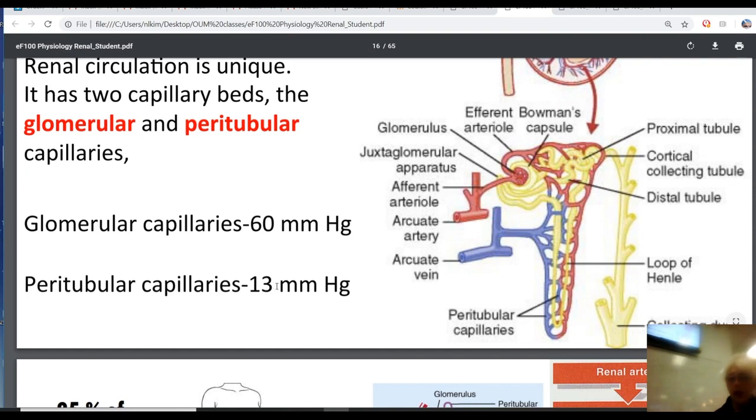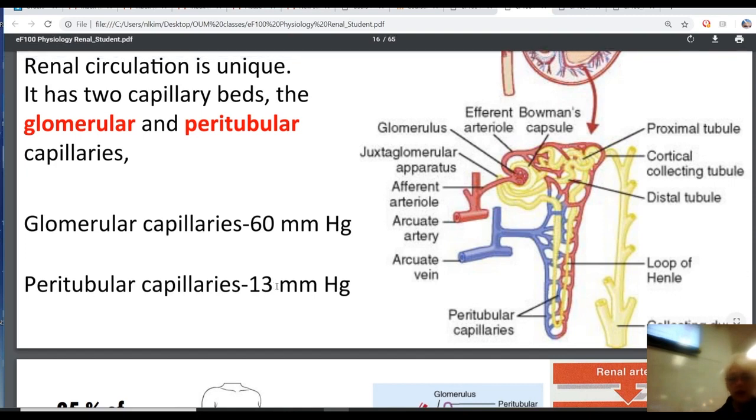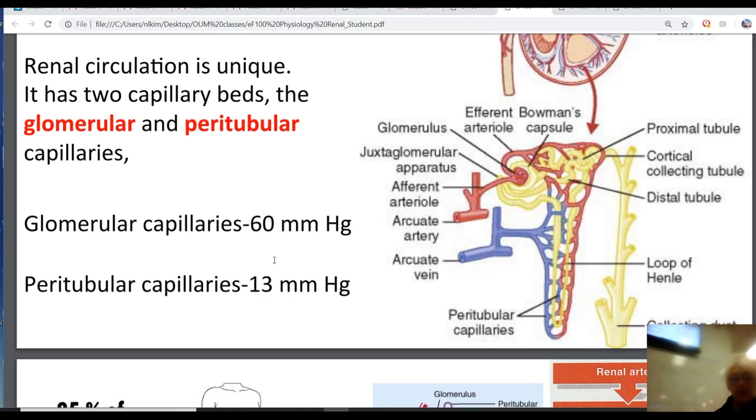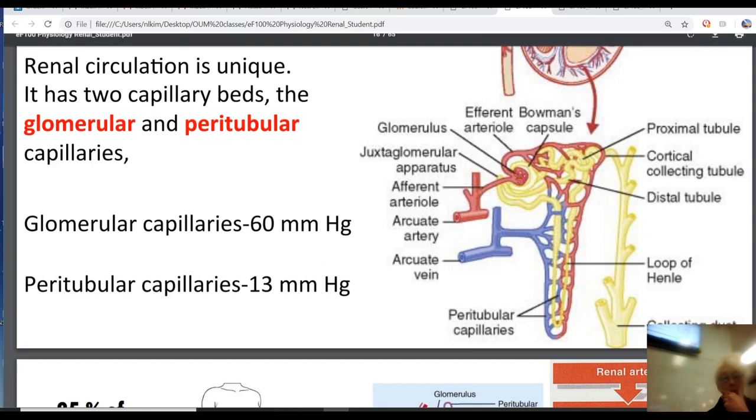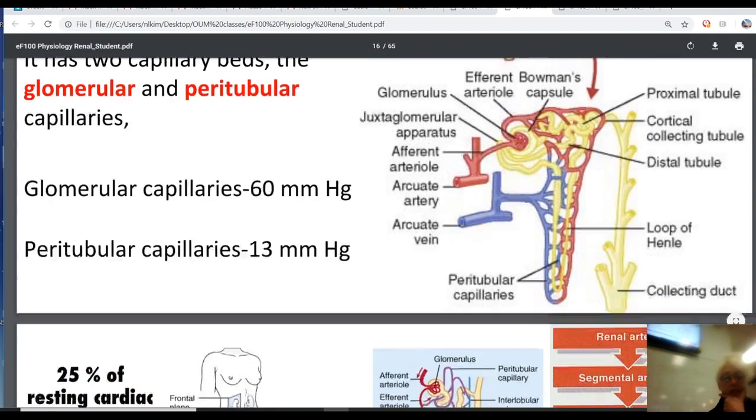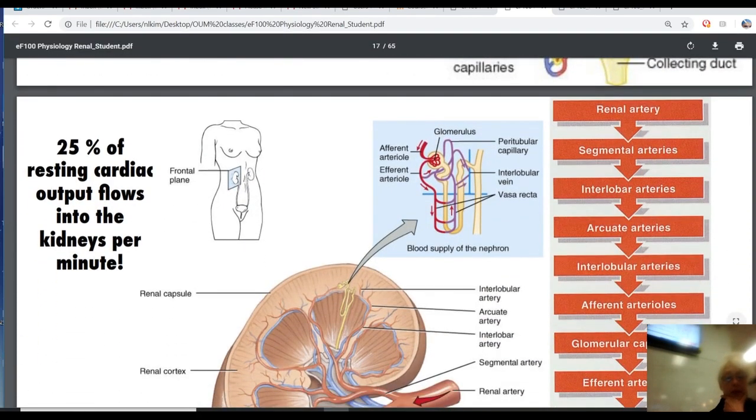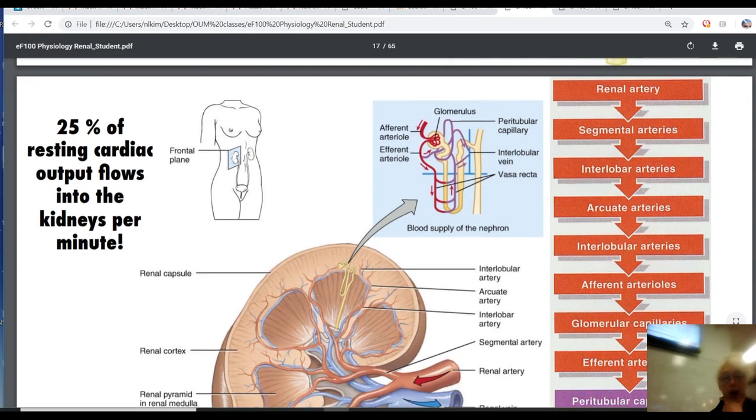The glomerular capillaries are 60 millimeters of mercury. And here you've got the peritubular capillaries that are about 13. So there's a difference. It's this difference in the millimeters of mercury that causes a directional pressure gradient. I think that might be the best way to describe it.